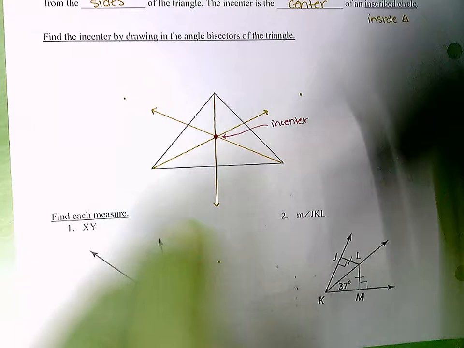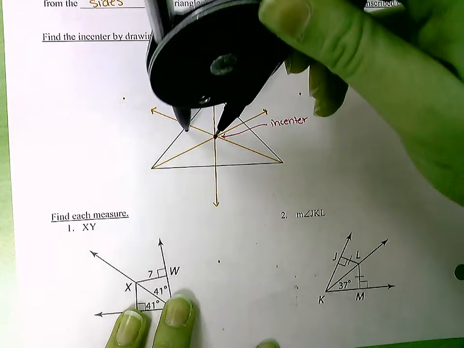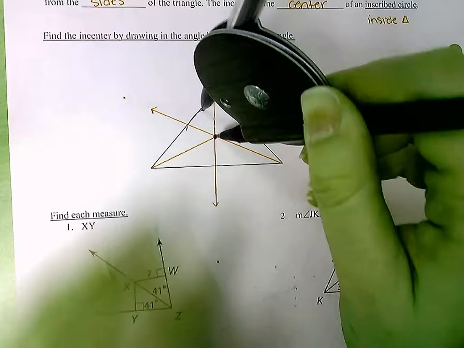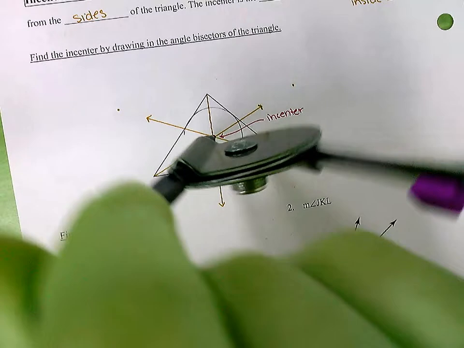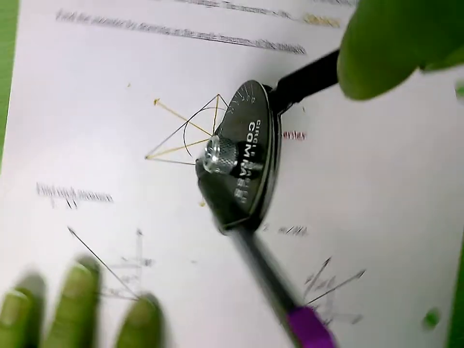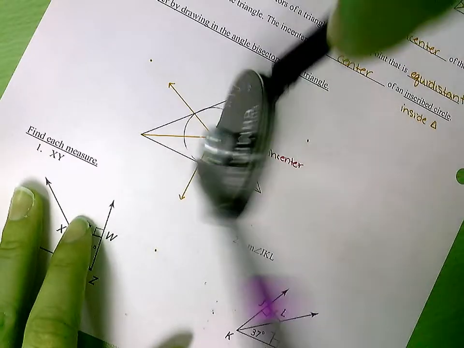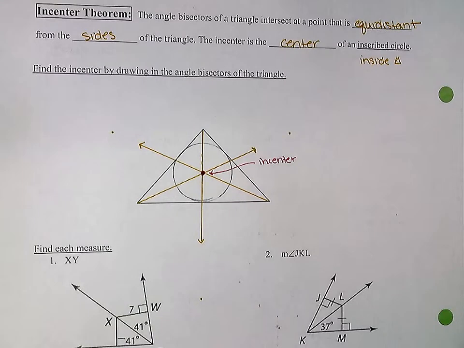According to your incenter theorem then, from that point of concurrency to the sides of your triangle, those would be congruent.